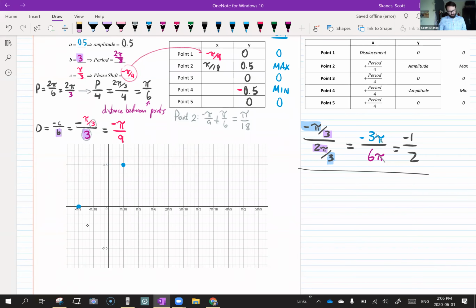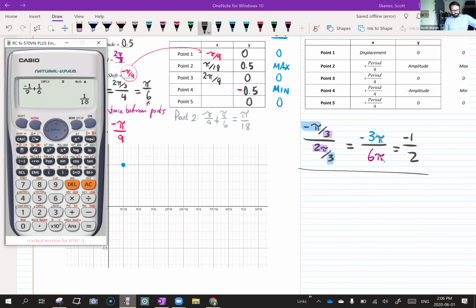The rest should be pretty simple, honestly, but let's do it one point at a time. Take pi over 18, add pi over 6. You should get 2 pi over 9. I'll do that one more time. This is faster for you because I need to use my touchpad because this thing breaks otherwise. You have pi over 18, or in this case, 1 over 18.